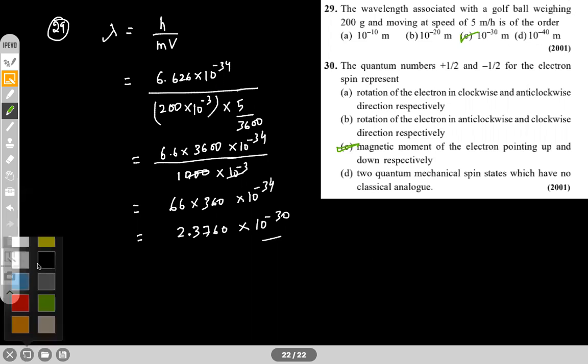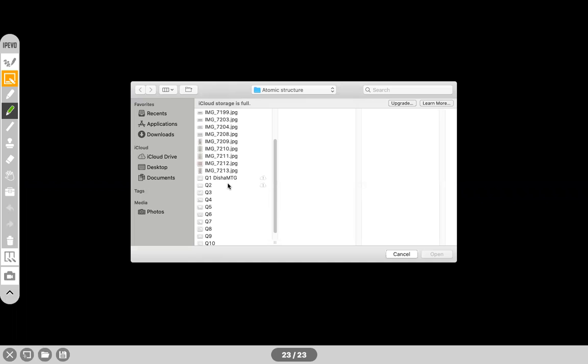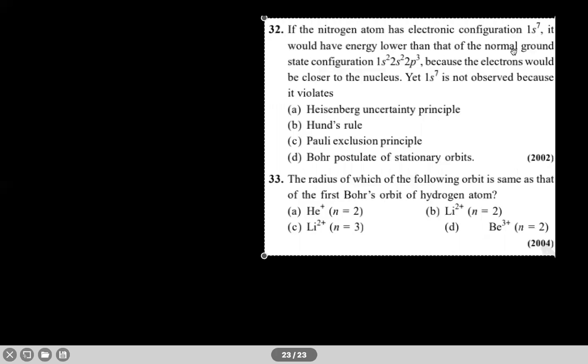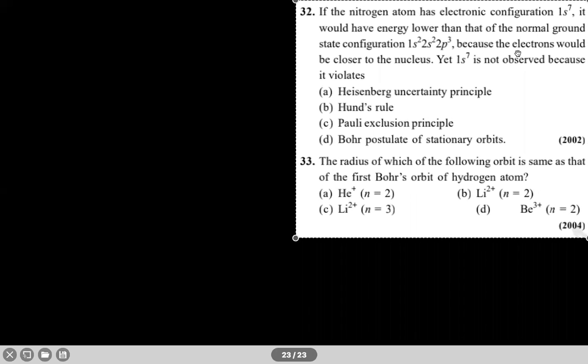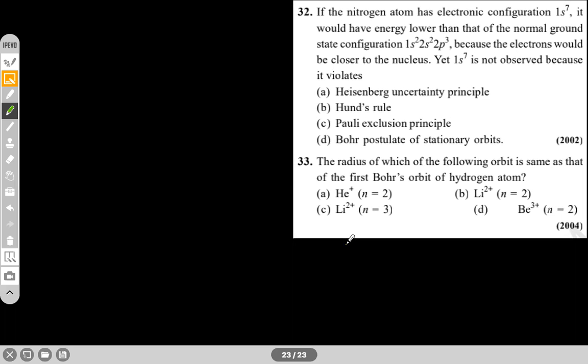Okay, now the next question you see: if nitrogen atom has electronic configuration 1s7, it would have energy lower than that of normal ground state, that is 1s2, 2s2, 2p3, because the electrons would be closer to the nucleus.